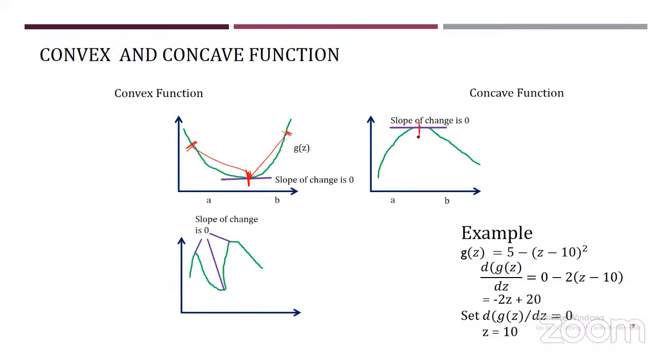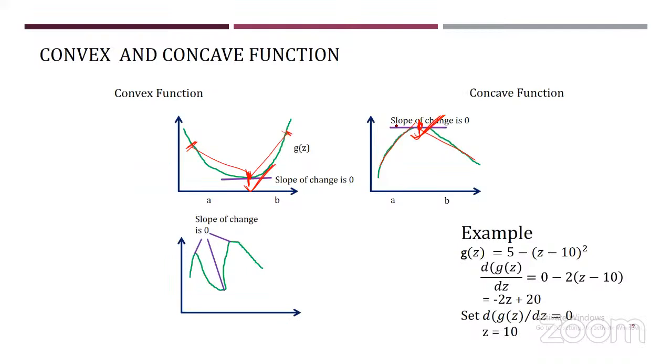Sometimes I need to perform an increment, sometimes a decrement, to reach this point. So this is related to your minimization problem and this is related to your maximization problem. Based upon what kind of objective we are having, we are going to work.